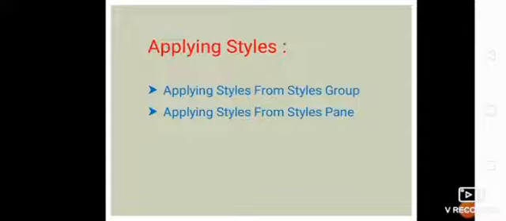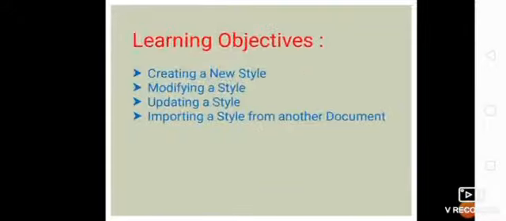We can open the launcher and we can apply it. Learning objectives. Yes, students, we will learn creating a new style, modifying a style, updating a style, importing a style from another document. Let us learn it.